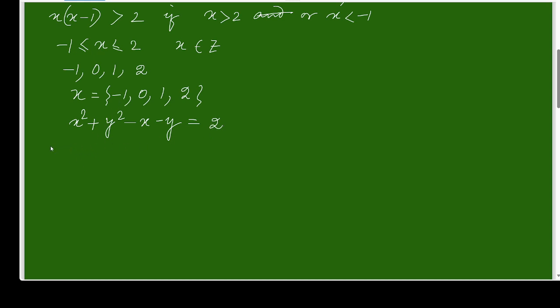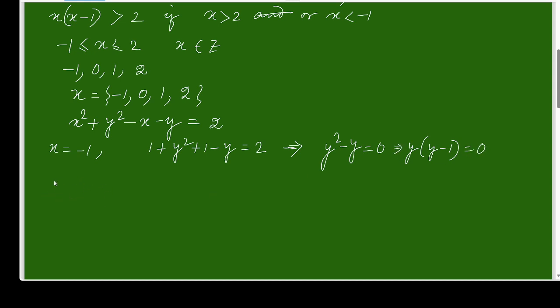So this is 1 plus y square, minus minus 1 means plus 1, minus y is equal to 2. So I am getting y square minus y is equal to 0, or y into y minus 1 is 0.